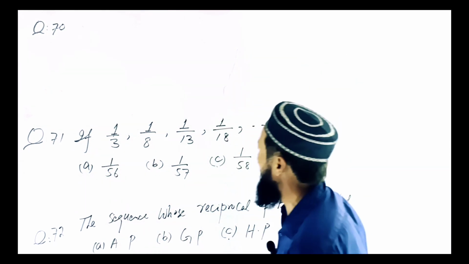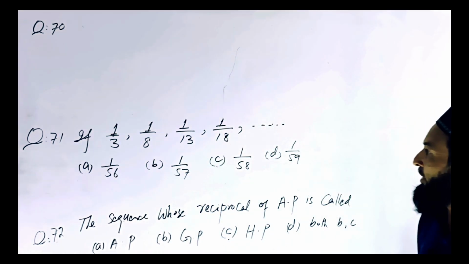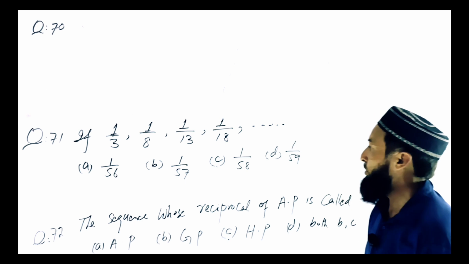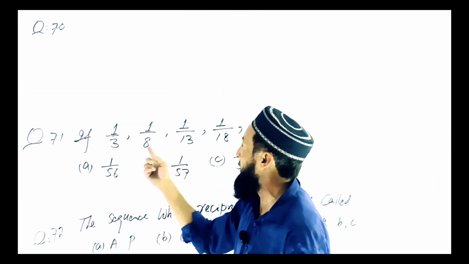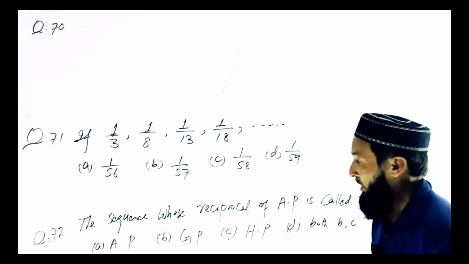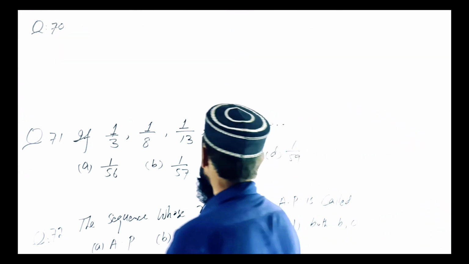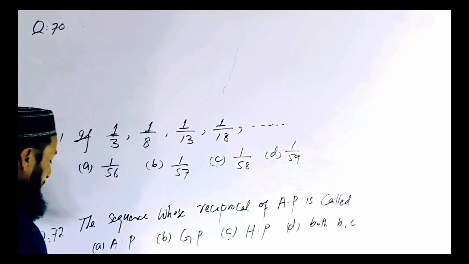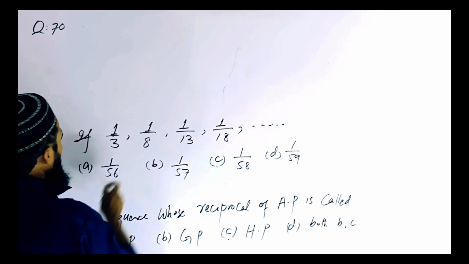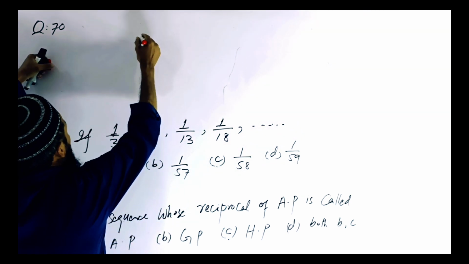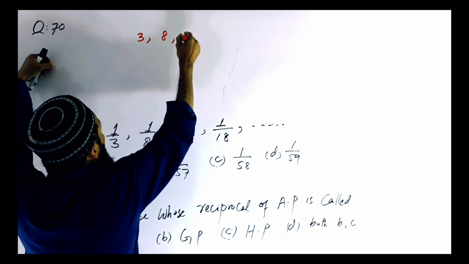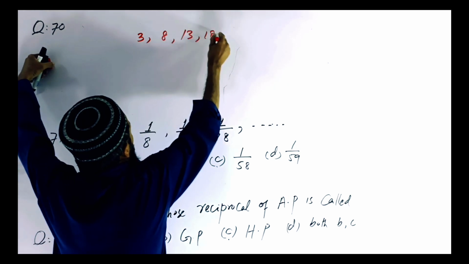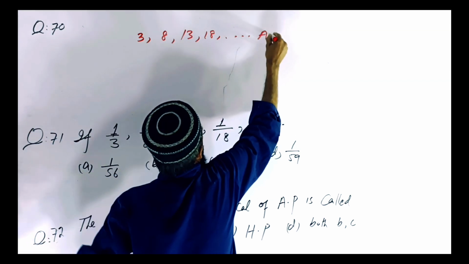Next, the sequence 3, 8, 13, 18. What is the result? Look here: 8 minus 3 we get 5, and 13 minus 8 we get 5. This is not a geometric series; 3, 8, 13, 18 are in arithmetic progression.